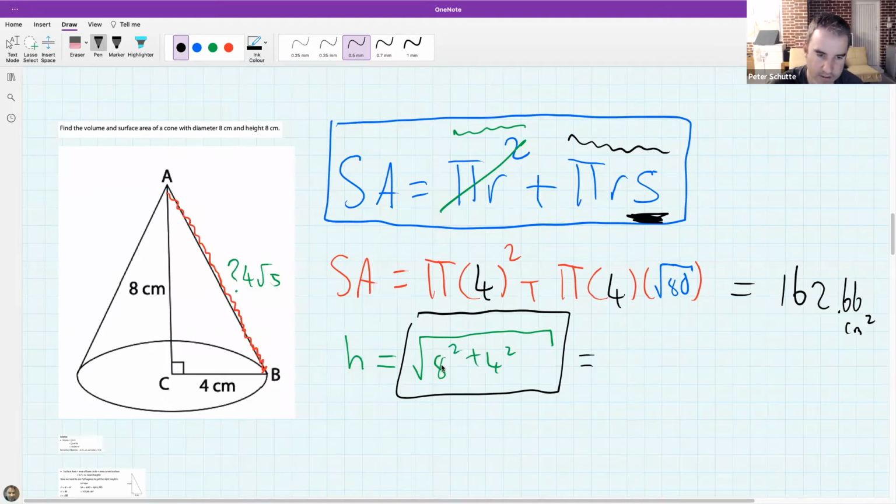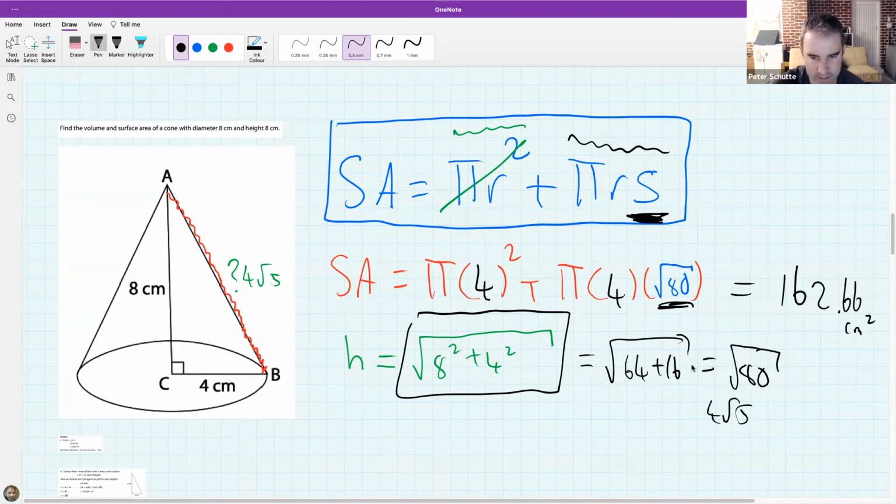All I said was 8 squared is 64 and 4 squared is 16. So I could just leave my answer as square root 80, which is quite easy to type in my calculator. Whereas 4 root 5 is a bit harder to type in. It isn't wrong though.